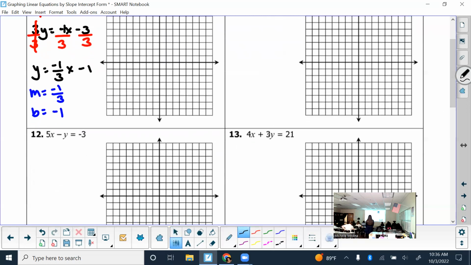So is 13 in slope-intercept form? No. So don't make the mistake that I see a lot of students make, and say that the slope is 4 just because that's in front of the x. You want to get the y by itself so that it can be in slope-intercept form.